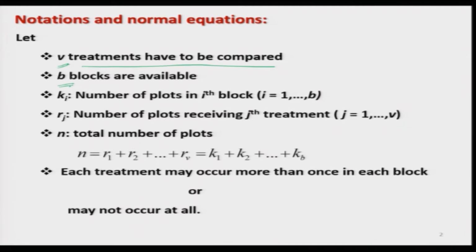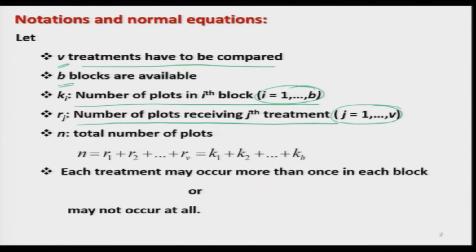That means we are going to divide the experimental units into b blocks, and then Ki is the number of plots in the ith block, and Rj is the number of plots receiving the jth treatment. Obviously, i will go from 1 to b and j will go from 1 to v, and small n is going to indicate the total number of plots.